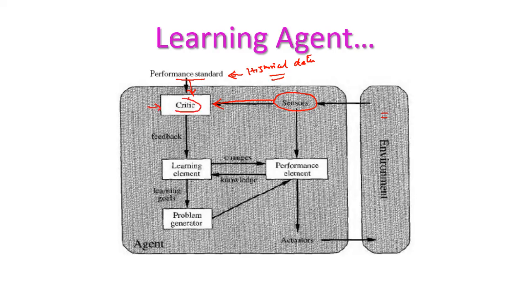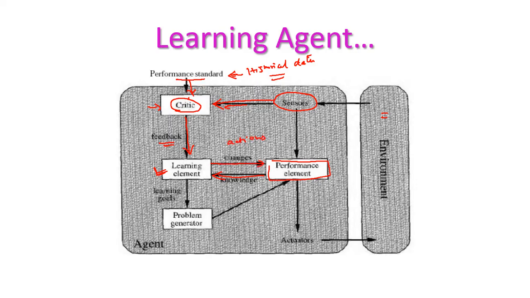That is, the critic element compares the current state with the historical data, evaluates the action and gives the feedback to the learning element. The learning element will use this feedback and update the performance element's knowledge. Accordingly, it will make some changes in the action.